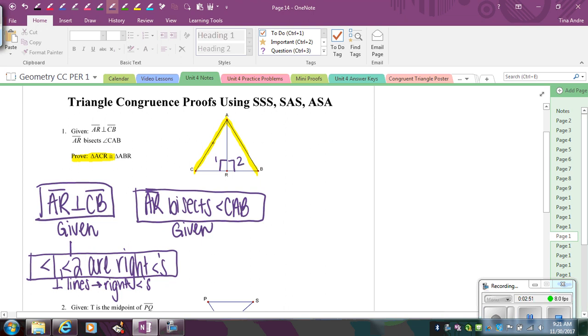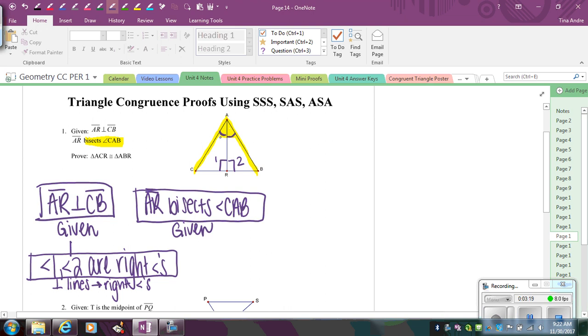Then from there, if this angle is being bisected, I look at my statements, my bag of reasons, I would look in the yellow for angles, and I would see that a bisector implies 2 congruent angles. So if this whole angle is being bisected, the parts that would have to be congruent are this part here and this part over here, because AR is what's splitting that yellow angle into 2 equal parts.